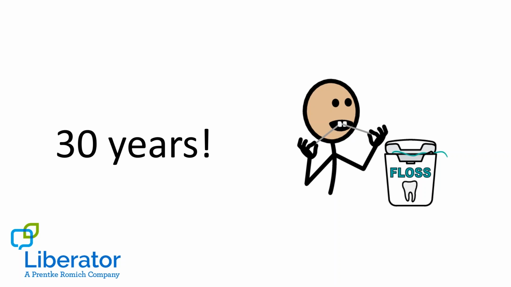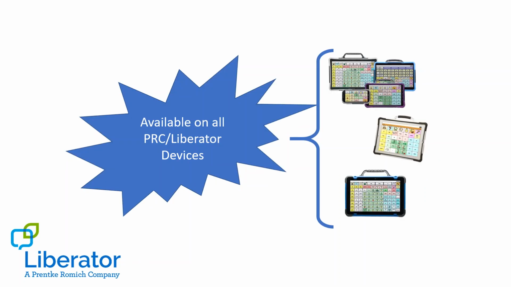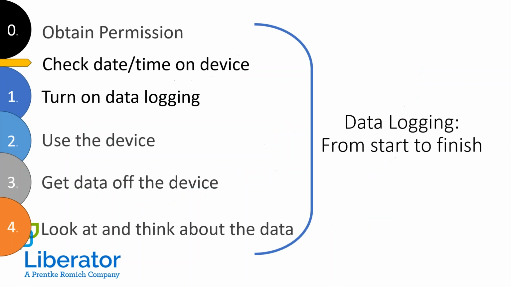So hopefully at the end of today, you're going to say, yes, it is worth my time and effort, and you'll be able to see how this particular case study used it to set goals and really enhance their clinical practice. Like I said, it's been around for 30 years and it's available on all PRC Liberator devices. So if your client has one of the Liberator devices, data logging is available.